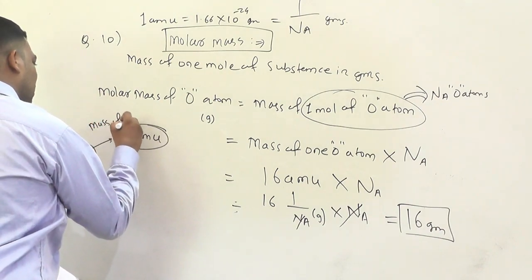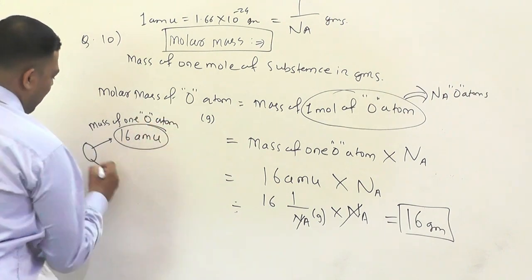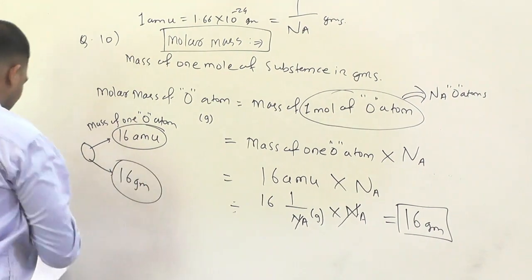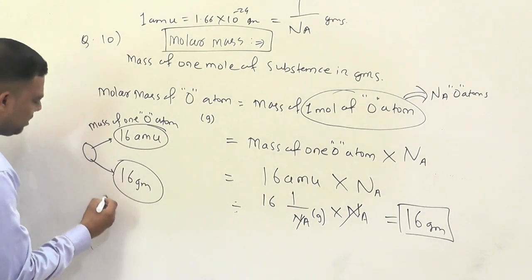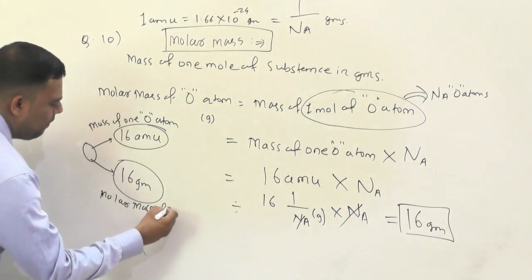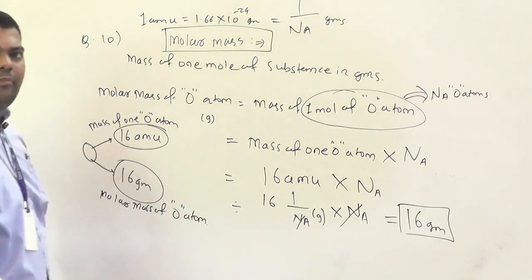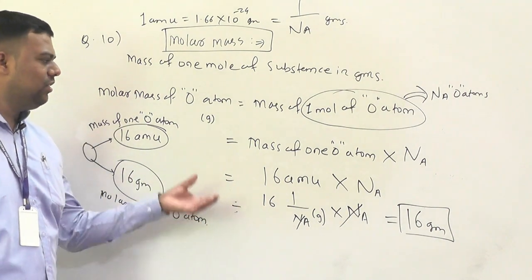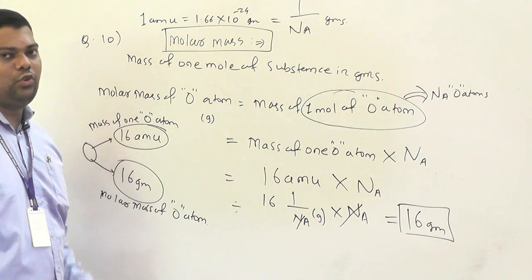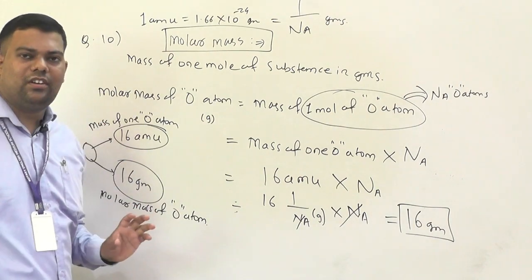And whenever you are writing 16 gram, this 16 gram is the molar mass of your oxygen atom. Very much important, as this will be helpful in your higher standard also. So keep in mind, most important.